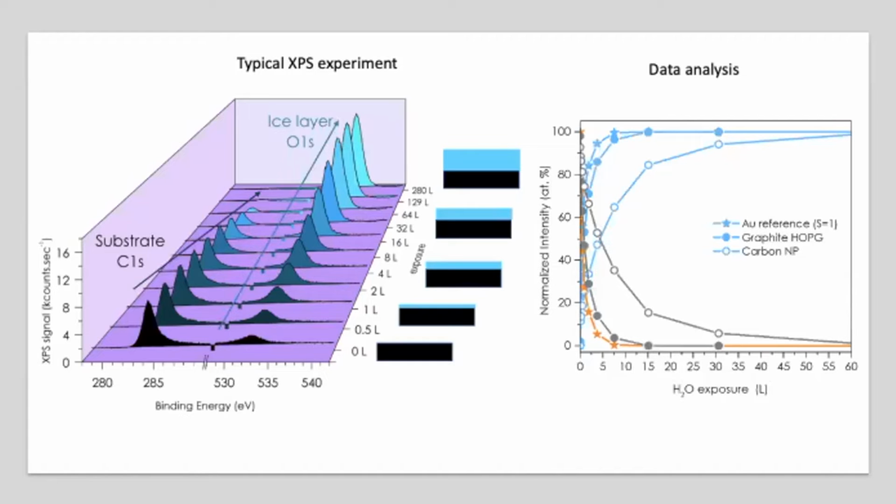This means that for the same water exposure, you have less ice on the nanoparticles than you have on the carbon plate. And we also use the gold foil for reference, for which we check that the sticking coefficient is equal to 1 using infrared spectroscopy. This difference is solely due to the sticking coefficient.